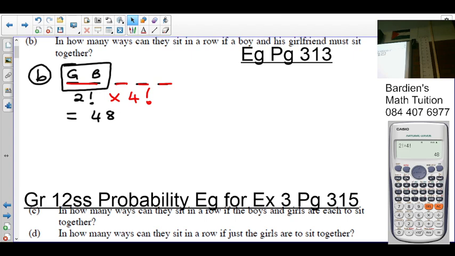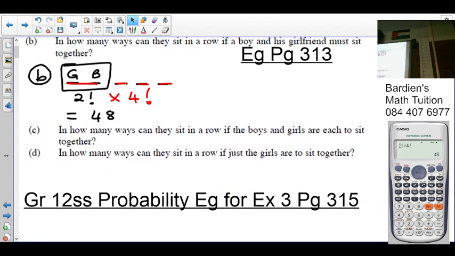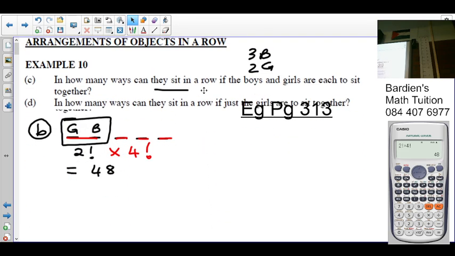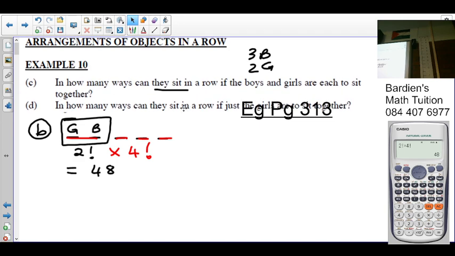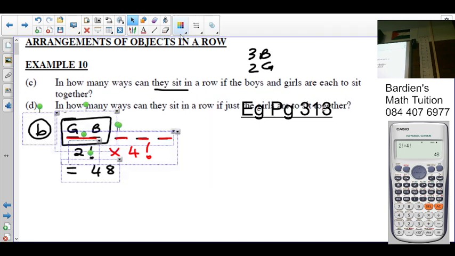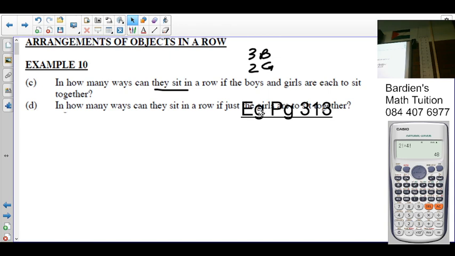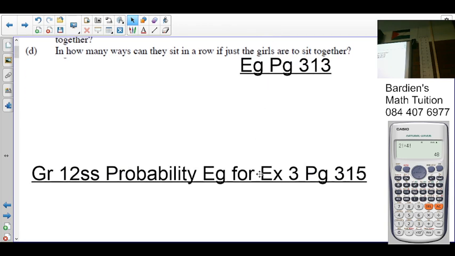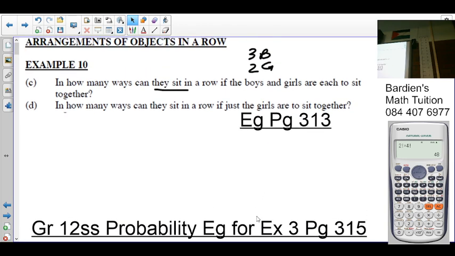Okay, so let's look at C and D. So in question C, we are asked, in how many ways can they sit in a row if the boys and girls are each to sit together?